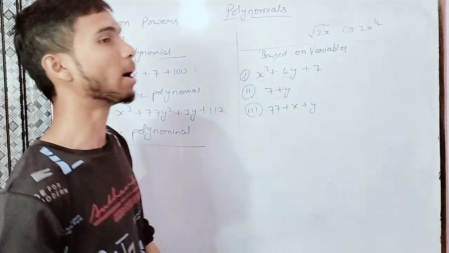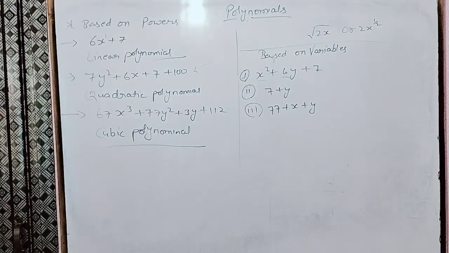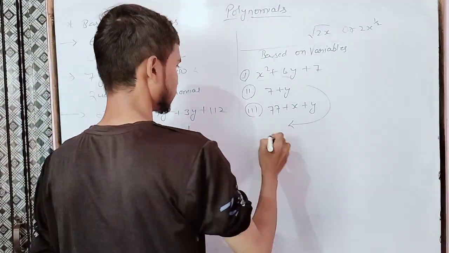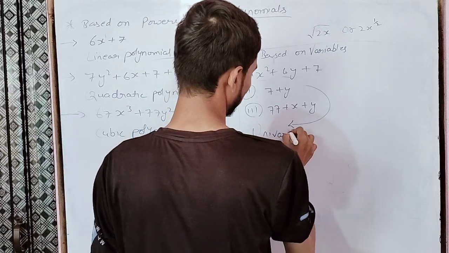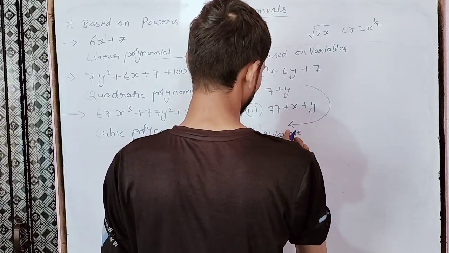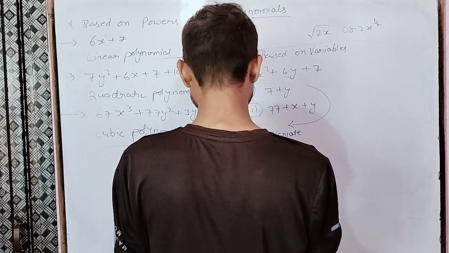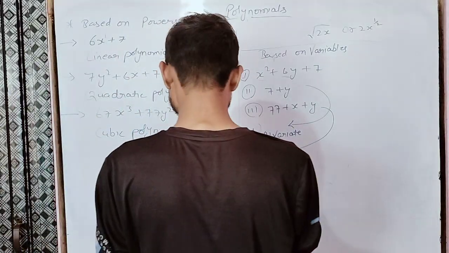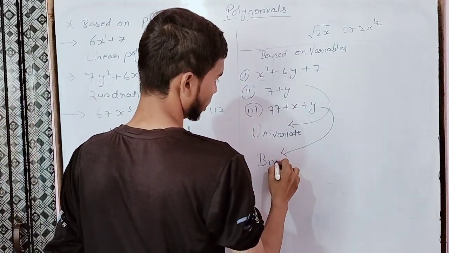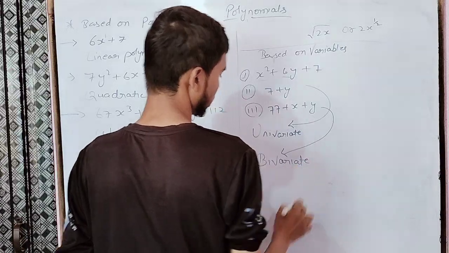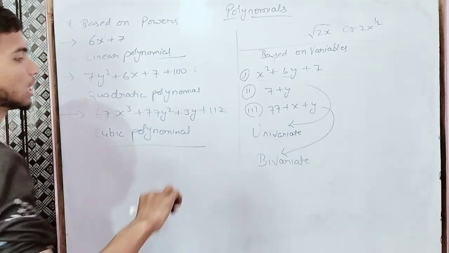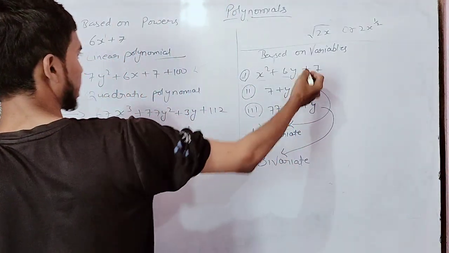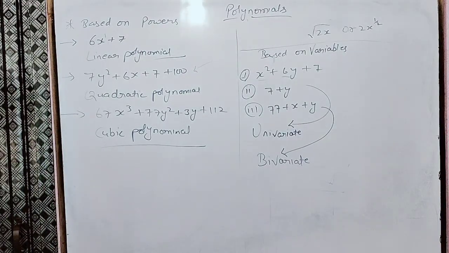So we will say bivariate. If there are two variables, then we say that polynomial is bivariate. This polynomial is also bivariate.